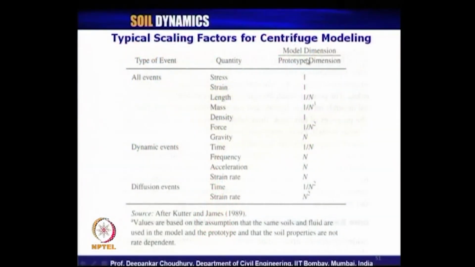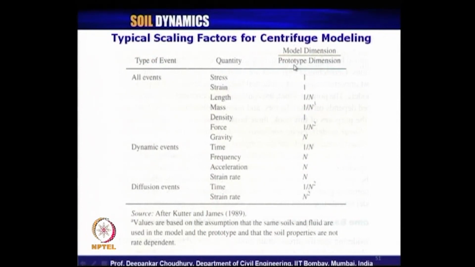Within 1/3 second, you have to put your earthquake input in your model and you have to get the corresponding response. Also, if you look at the slide, the frequency model-to-prototype ratio is n.